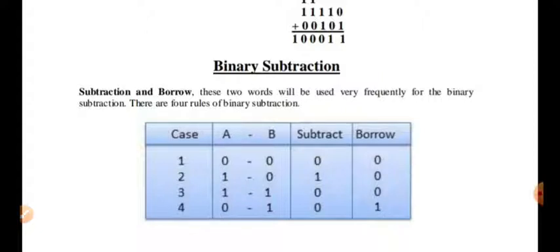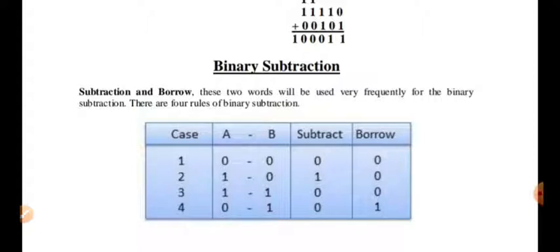Then the third one, 1 minus 1, is 0 because the numbers are the same. When a number is subtracted from the same number, you will get a 0 and borrow will be 0. But in the last case, you see, when 1 is subtracted from 0, it is not possible because 0 is less than 1.